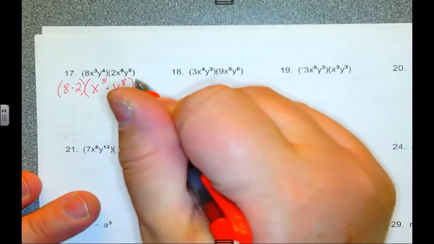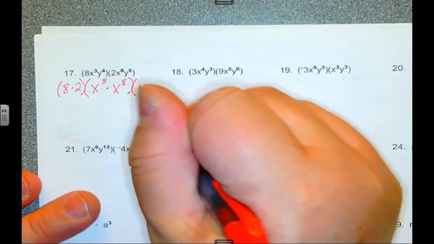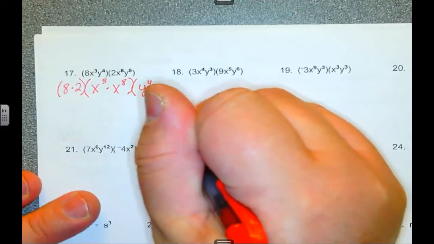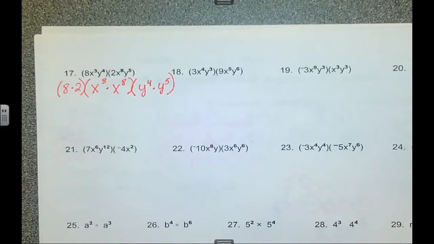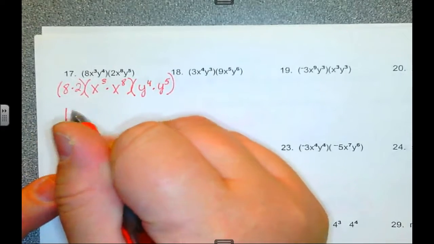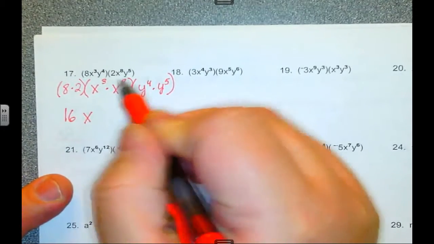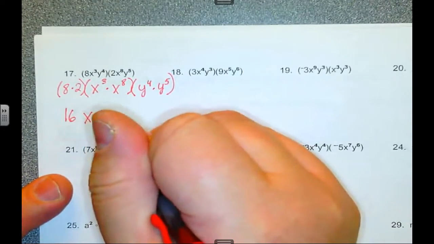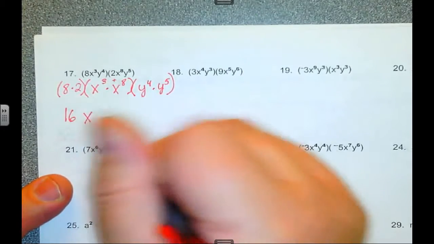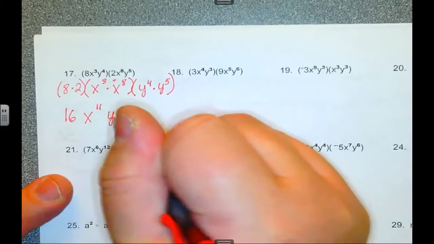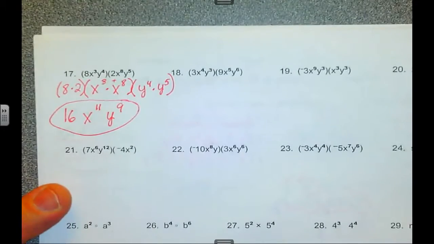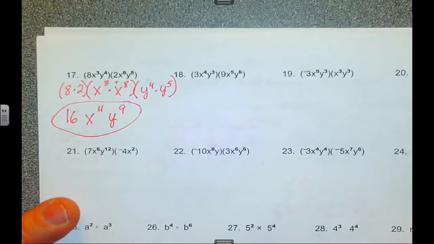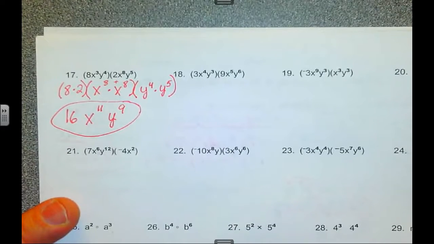It's commutative. And I got y to the 4th times y to the 5th. Sometimes this helps. 16, x to the, add them, yep, 11, y to the, sometimes that one extra step can make all the difference in the world.